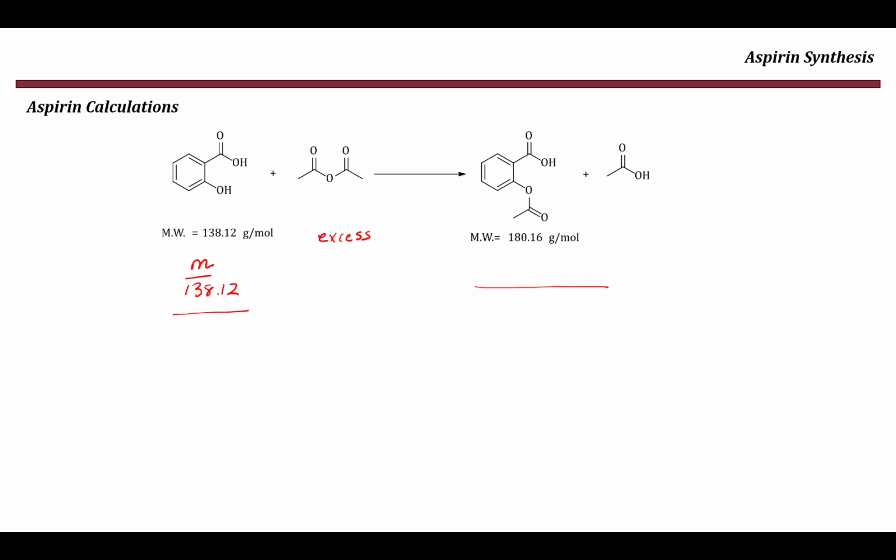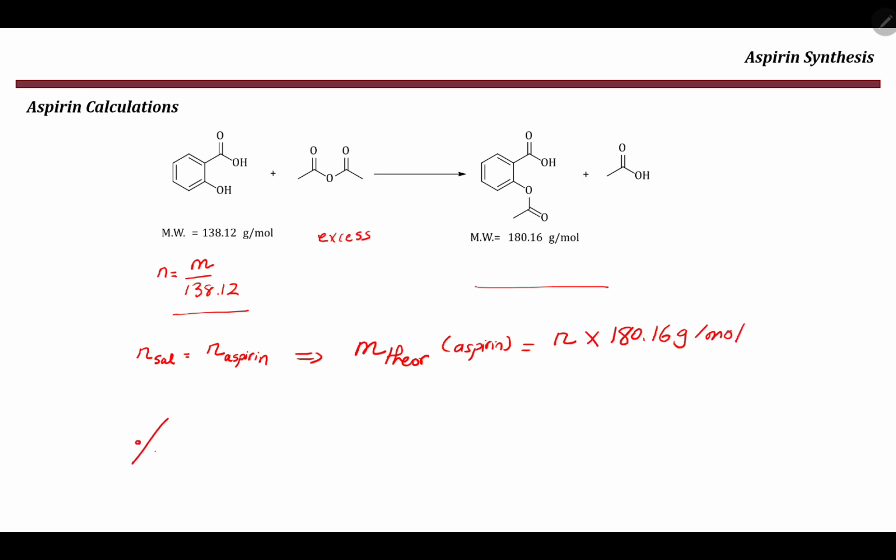So basically, using the mass of salicylic acid, we will determine the number of moles of salicylic acid, and then the number of moles of salicylic acid will be equal to the number of moles of acetylsalicylic acid, or aspirin. And based on that, we can calculate the theoretical mass of aspirin, which is equal to the number of moles of aspirin times 180.16 grams per mole.